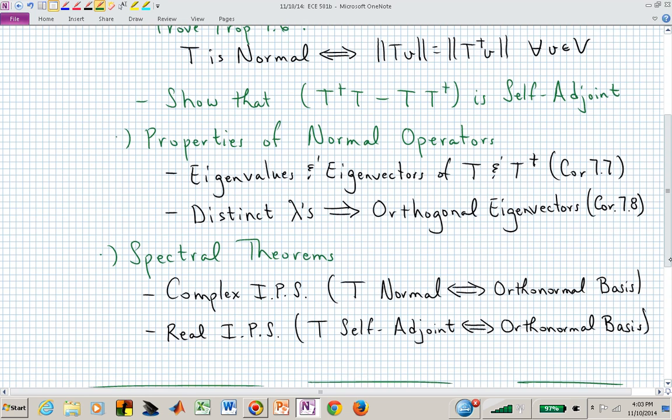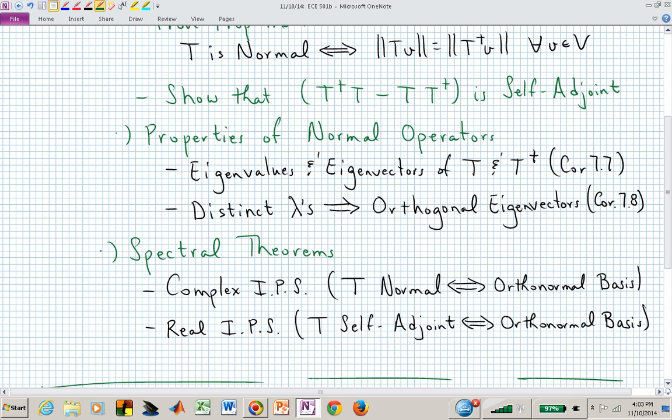Then we'll get into sort of the big result, which are some spectral theorems, and it actually depends on which space you're working on, what the results can be. For complex inner product spaces, T being normal is true if and only if, or that implies that you have an orthonormal basis of eigenvectors.